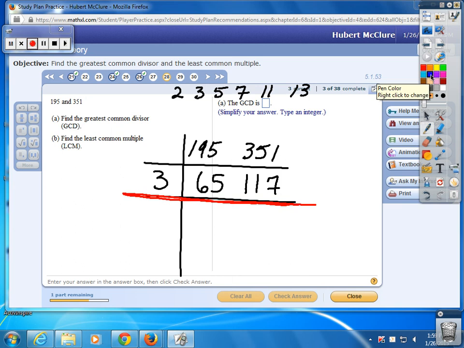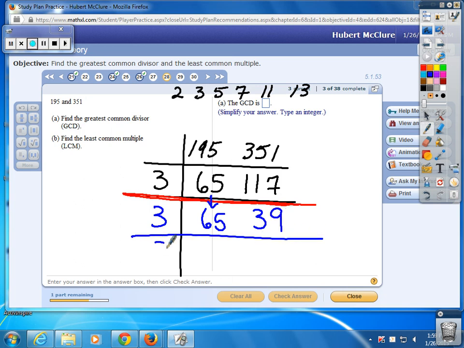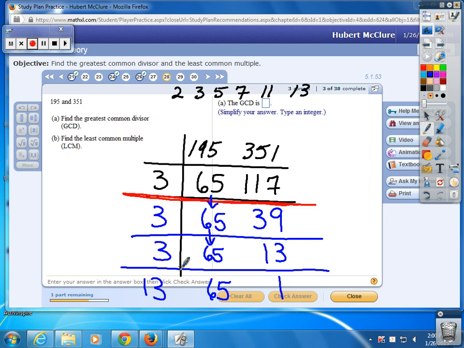So we know that 3 will go into this number, so divide 3 into it. 65 comes down. 3 will go in there 3 times. And that'll leave what? 3 times 3 is 9. That'll leave 27, which is 9. 3, we'll bring that down to 65. 3 will go in there 13. And then 13, the 1, and this 65 comes down.